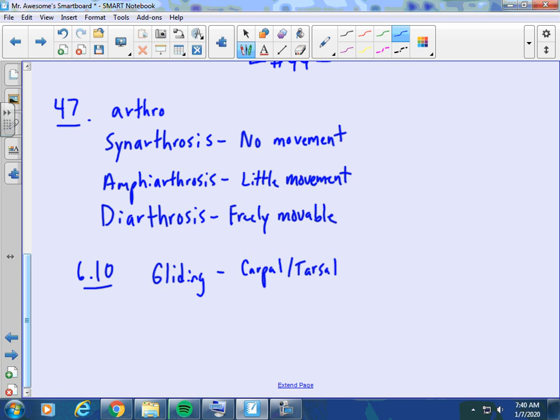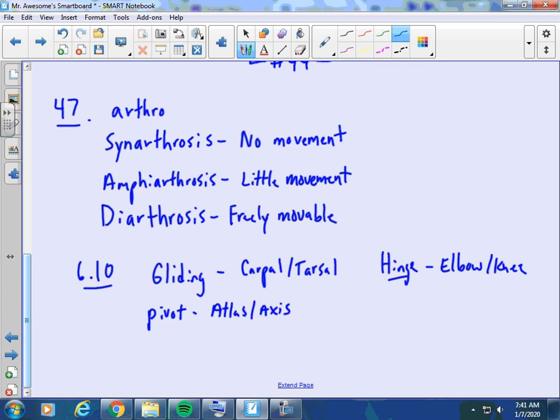We can have hinge joints like the elbow and knee. We can have pivot joint, and this is something we would see like with the atlas and axis in the neck.